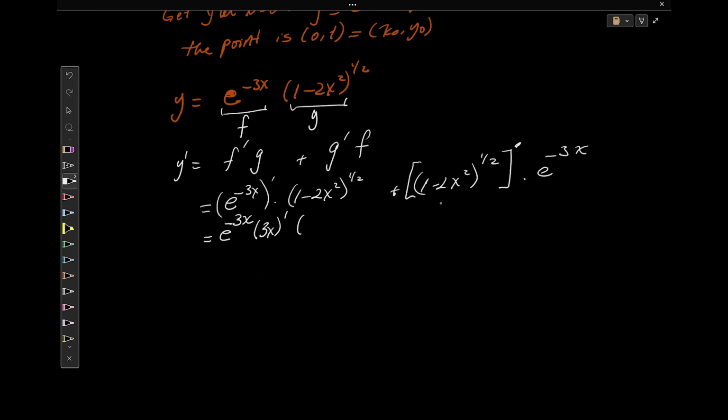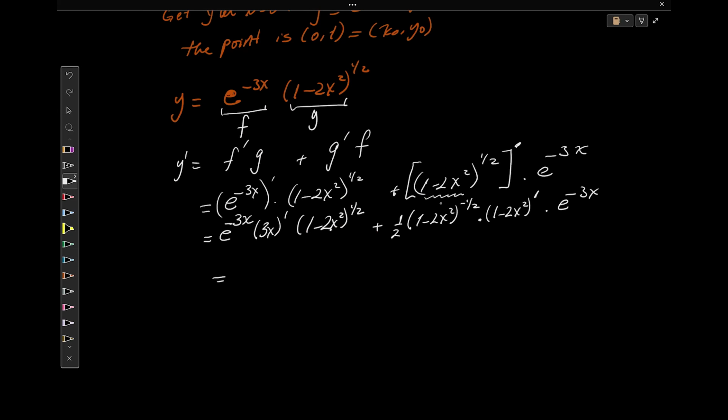And here I have (1 minus 2x squared) to the 1/2. Plus, here I have a function of x to a power, so power rule right away. So it'll be 1/2 times (1 minus 2x squared) to one less power, times the derivative of the function itself, times e to the negative 3x.